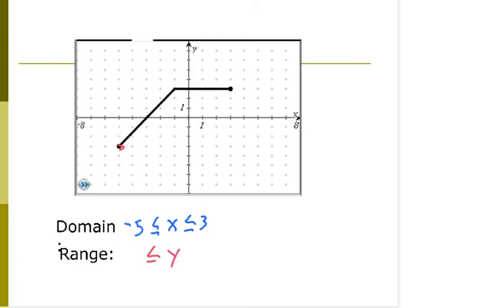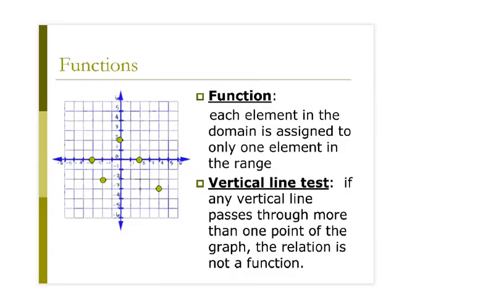A function is a type of relation. As we've been discussing relations, we want to see a bit clearly what this means. Essentially, a function assigns one element in the domain to only one element in the range. We can understand this with something we already know.